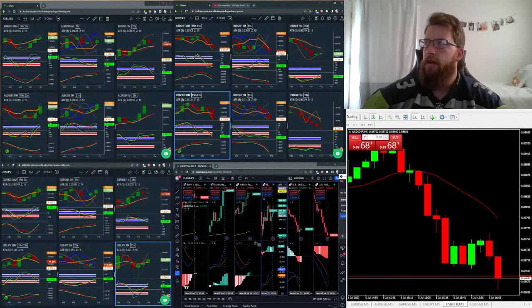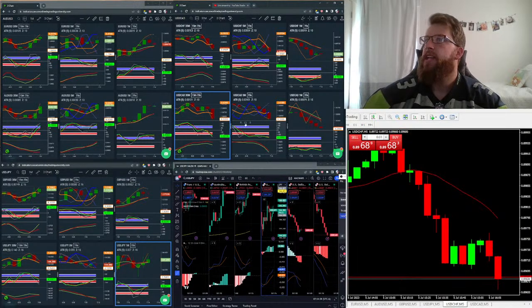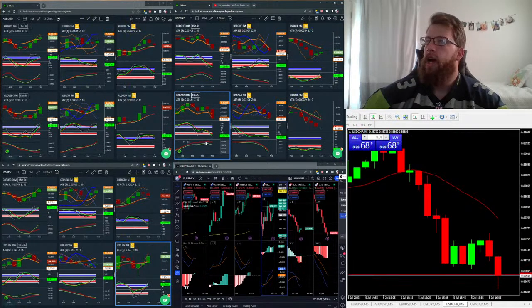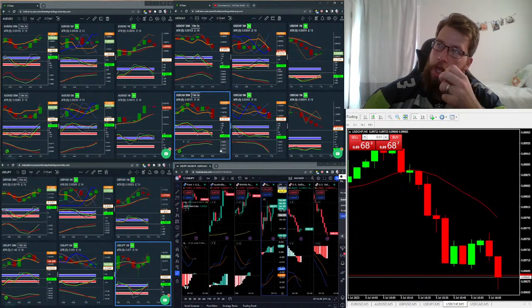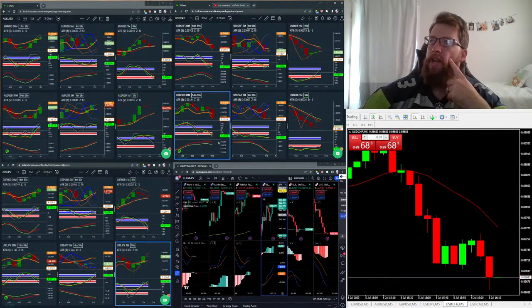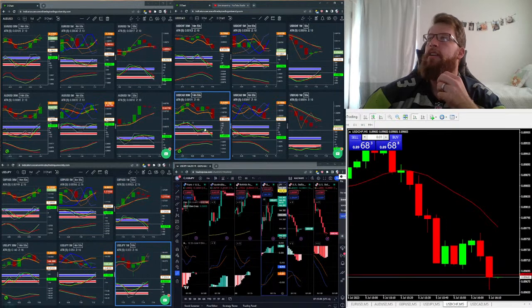But we need to keep an eye on the CAD because this is looking like a good opportunity for a short here. So this actually looks really good. Reds on top on both of these, which is a bearish signal. Pointing good strong downward direction on the majors and minors indicator here.